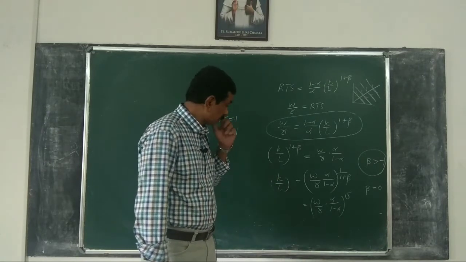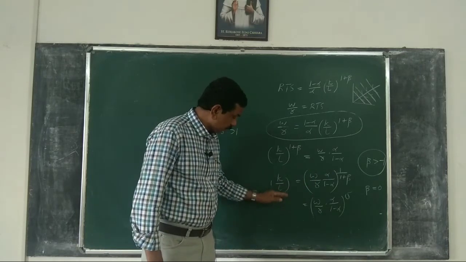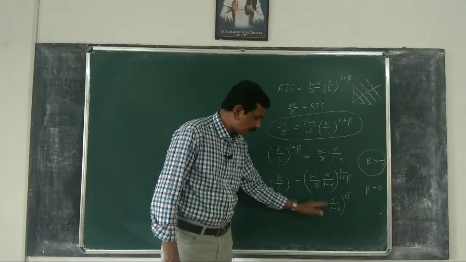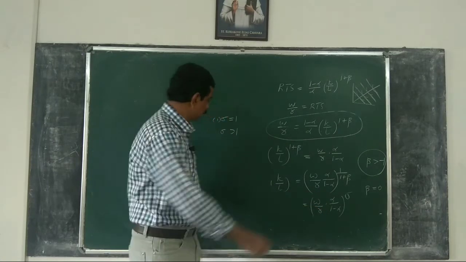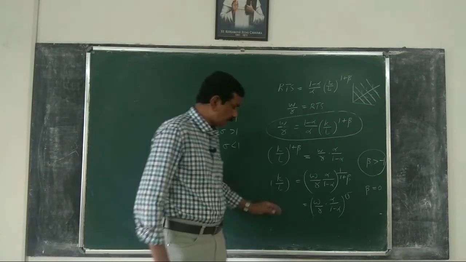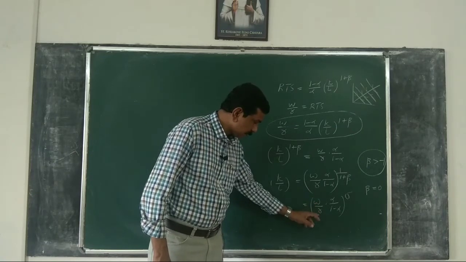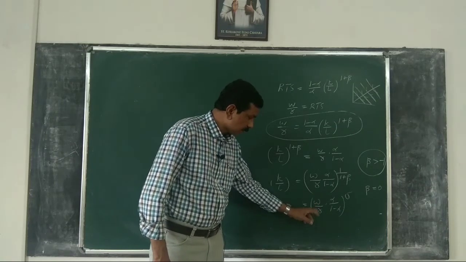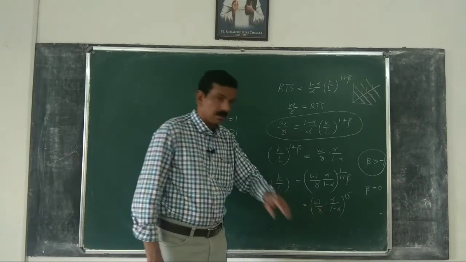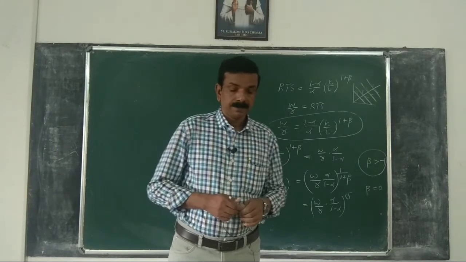If sigma is greater than 1, cost minimizing K by L increases more than proportionately to W by R. If sigma is less than 1, cost minimizing K by L increases less than proportionately to W by R, provided that W by R is not a constant, it is a variable.